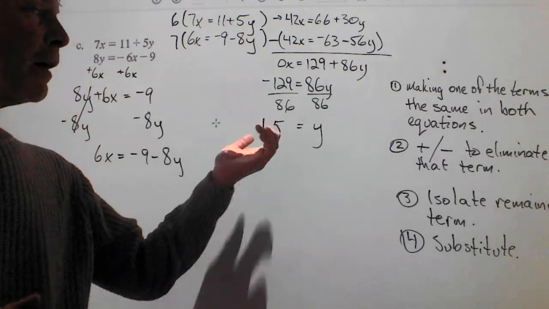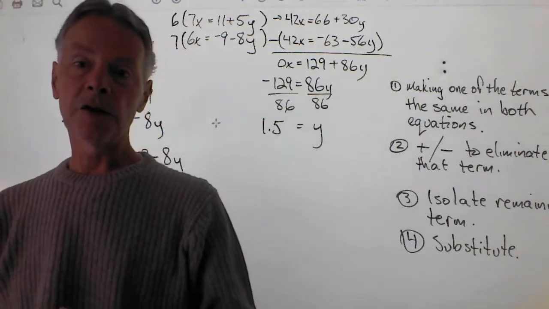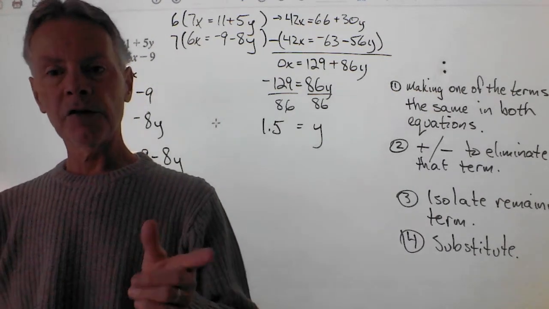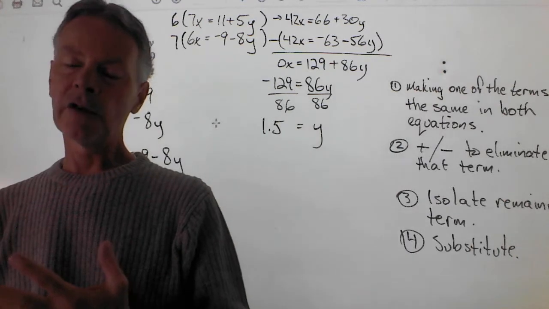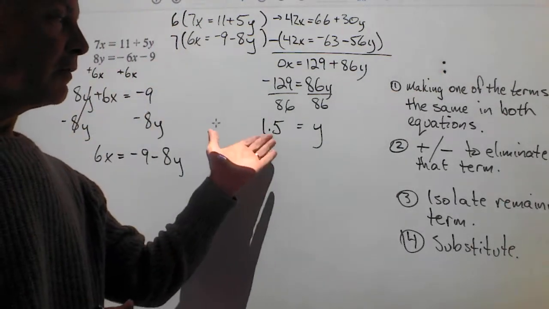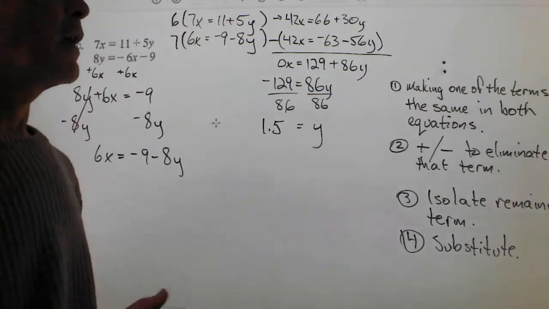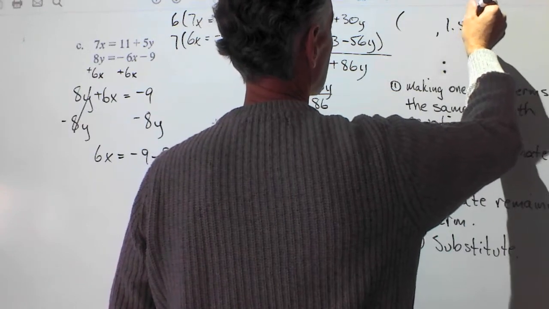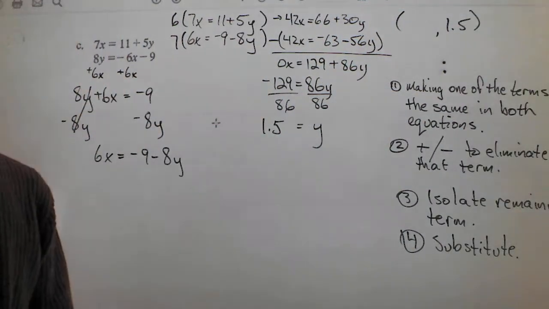Remember, you're okay with using decimal values so long as they're terminating decimals. You can't take a repeating decimal and round it. It won't give you the exact answer. Okay? So, because this terminates, gives us 1.5, we can go with that. And we now know that the y part of our solution is 1.5.